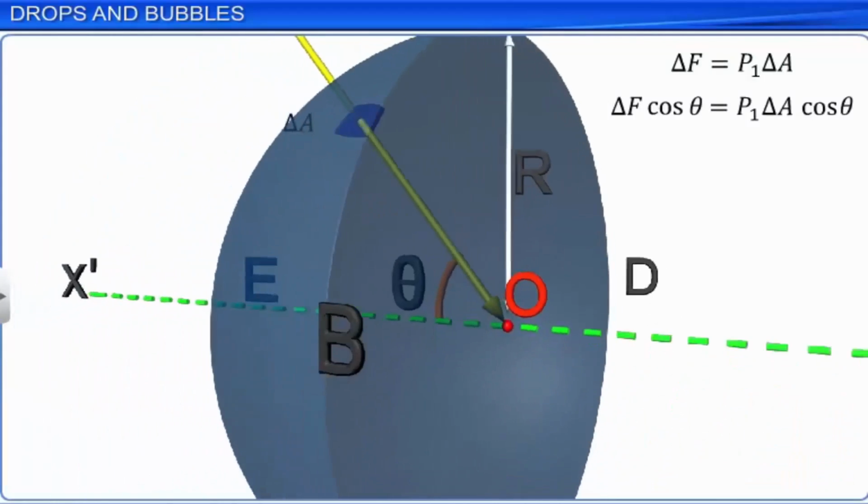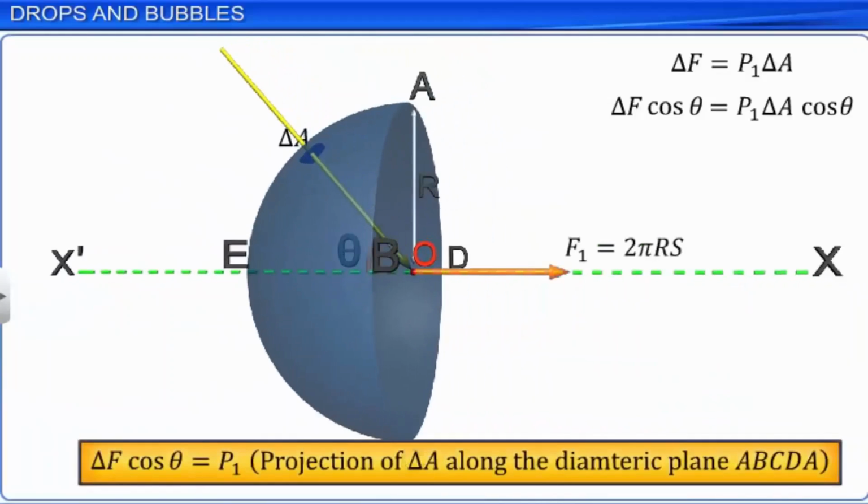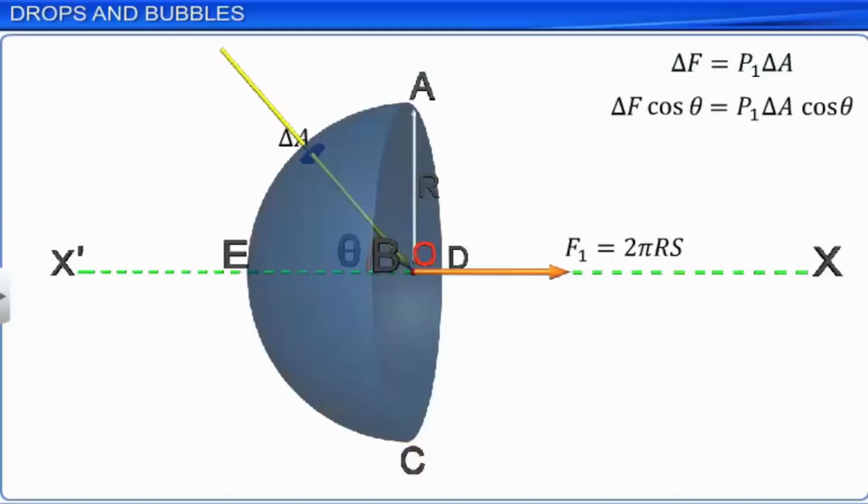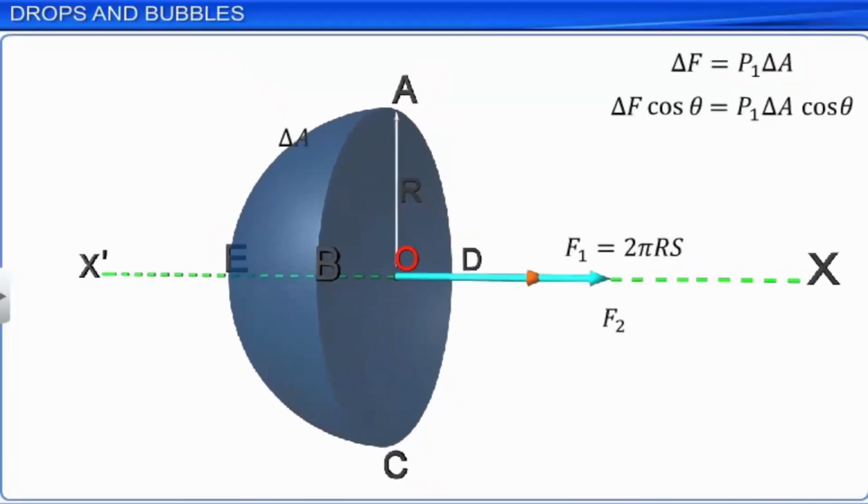Thus, we can write delta F cos theta as equal to P1 into the projection of delta A on the plane ABCDA. When the components of all the forces P1 delta A acting on the different parts delta A of the hemispherical surface ABCDE are added, we get the resultant force due to the air, F2, outside the hemispherical surface.